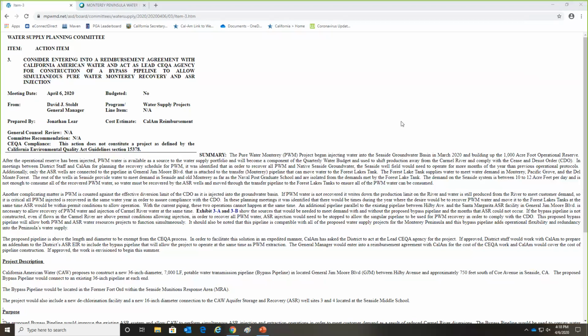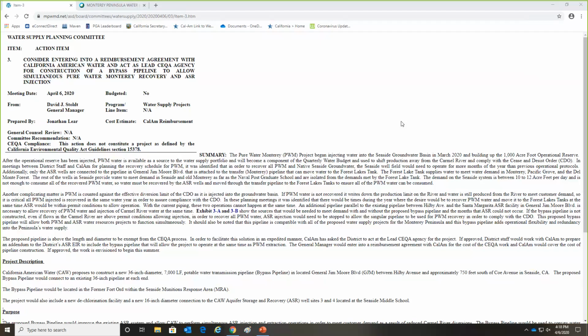Therefore, the wells in the Seaside system proper do not have enough annual demand on them to recover all of the Pure Water Monterey water that's going to be injected and all of the native groundwater, let alone if there's water that is banked in ASR.